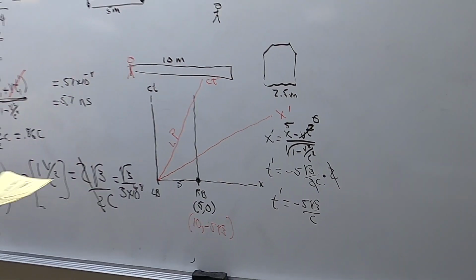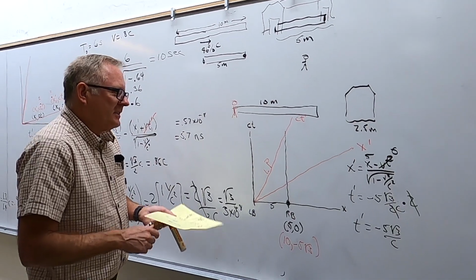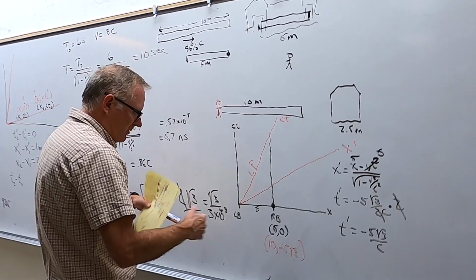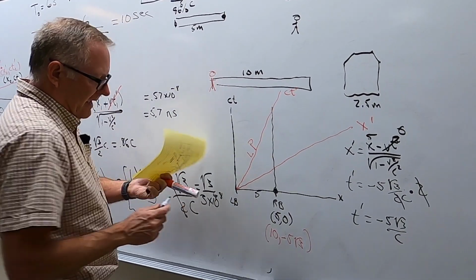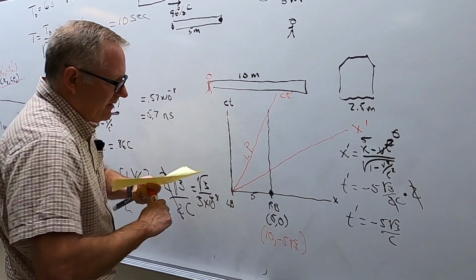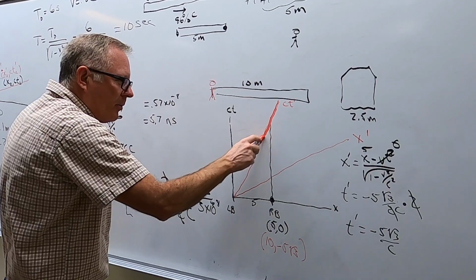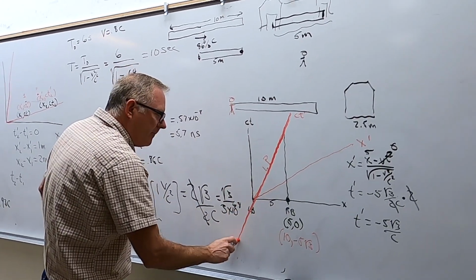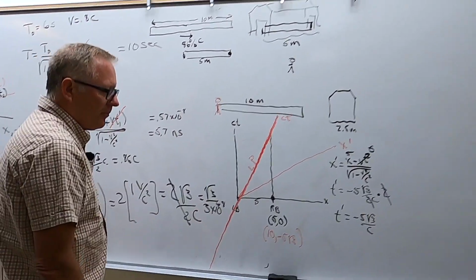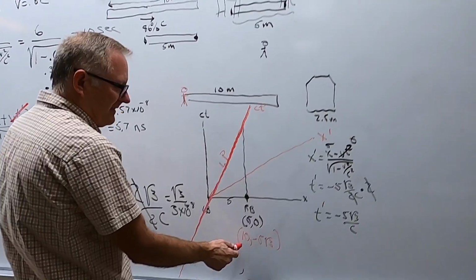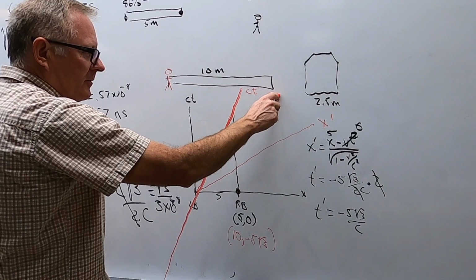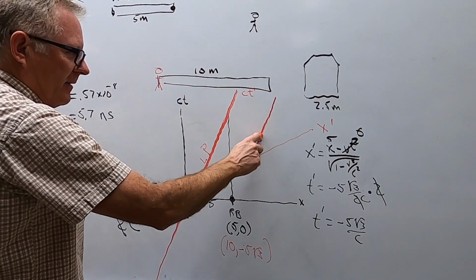Now we need to show the path. This was the left end of the pole coming down right there. The right end of the pole, I know, is eventually going to hit right there. So here's the right end of the pole coming down like this.